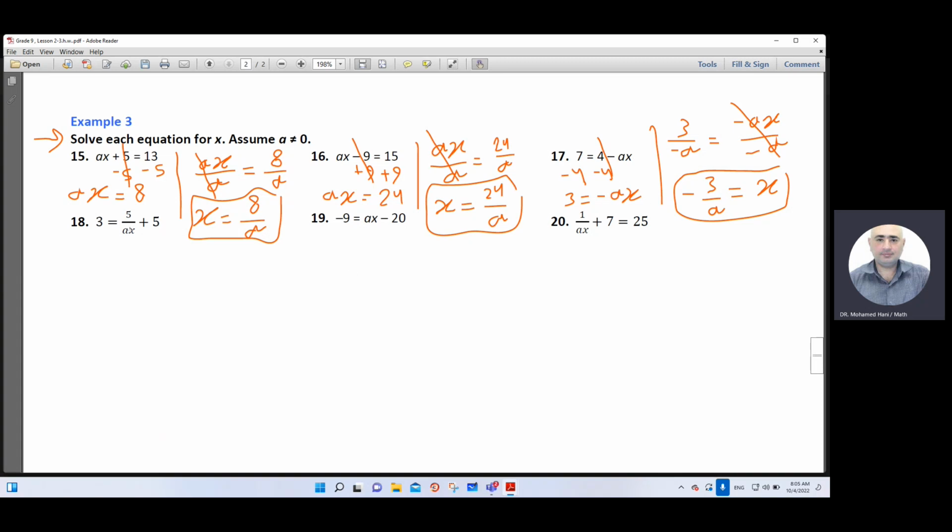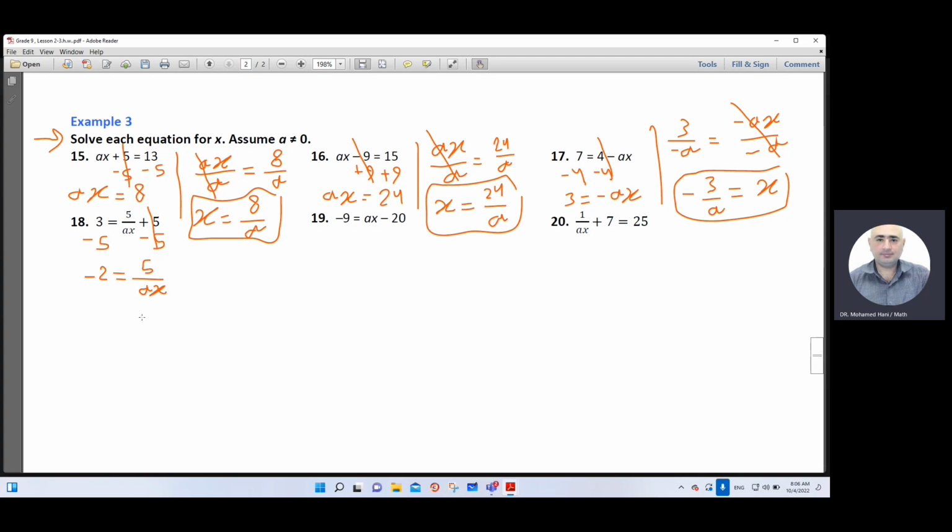Number 18, the same idea as the first. We want to remove -5 from this side. So we can add the inverse, +5 here and +5 here. So +5 and -5, 0 remains, and here 5 over ax. And on the other side, 3 minus 5 will be -2.